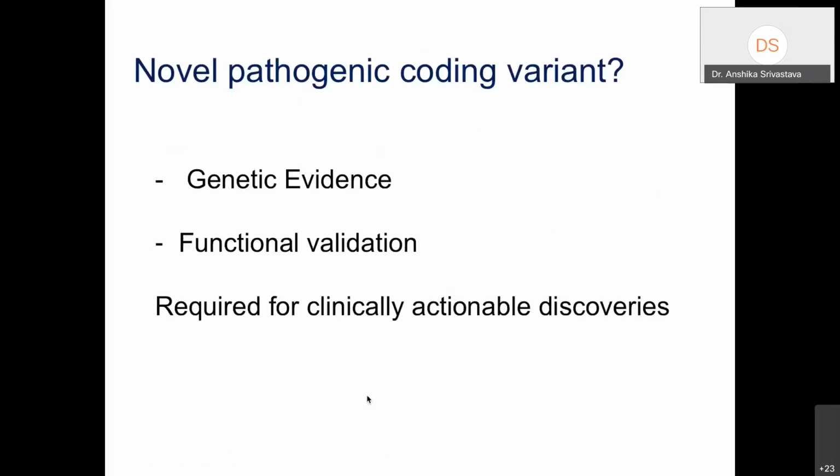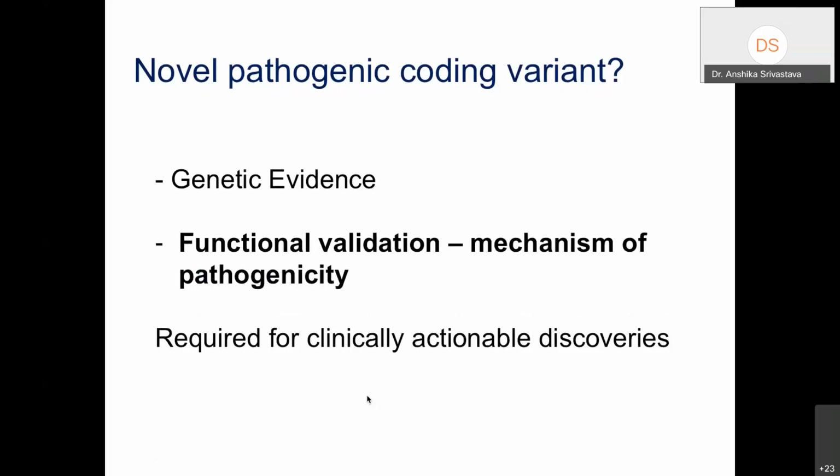So as I said, once you identify the gene, it is also important to functionally validate the variant that you have obtained through whole exome or genome analysis. First of all, if it is a novel pathogenic coding variant, then we want to have its genetic evidence and functional validation that is required for clinically actionable discovery.